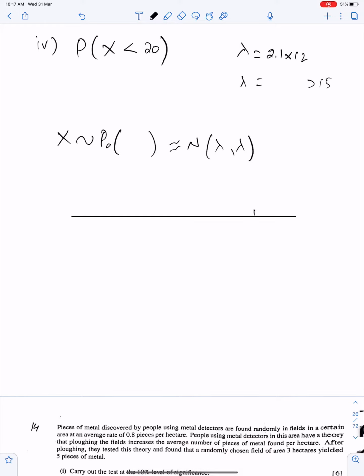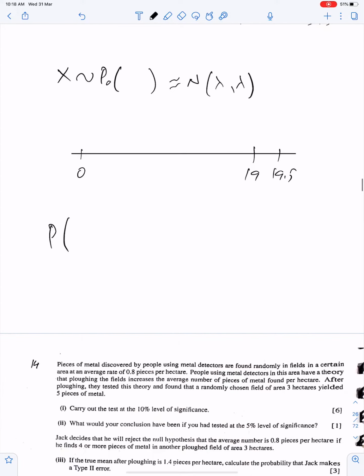I'm leaving the calculation for you. You can do this yourself. 19.5, so Z less than 19.5 minus lambda over root lambda. You have to do this yourself.